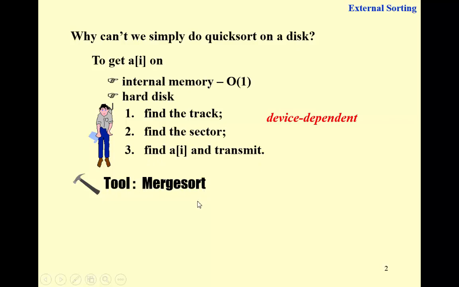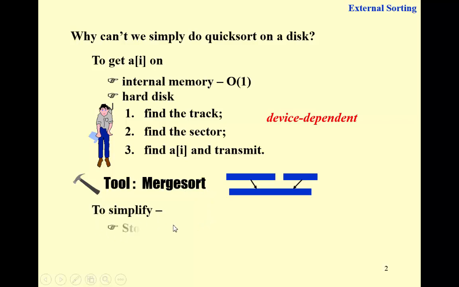And the key step in merge sort is merging, right? So we may have 3 disks, and so 3 heads pointing to the elements, and each head only needs to move 1 unit at a time in one direction. And that's why it's so good. Alright, so we're going to talk about how to use merge sort to do external sorting.